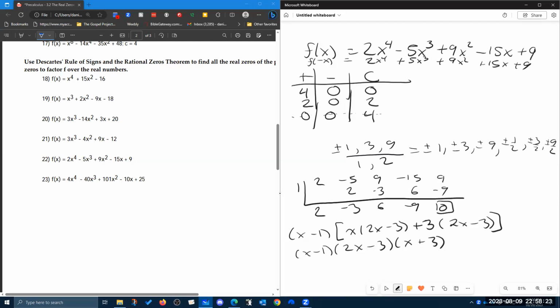Count my sign changes. 1, 2, 3, 4, right? Should be 0. Oh, this is squared. That's what it is. There we go. So we ended up with this option right here.